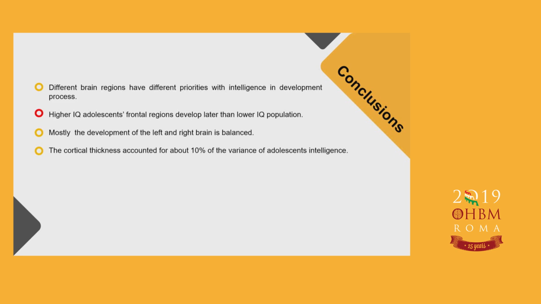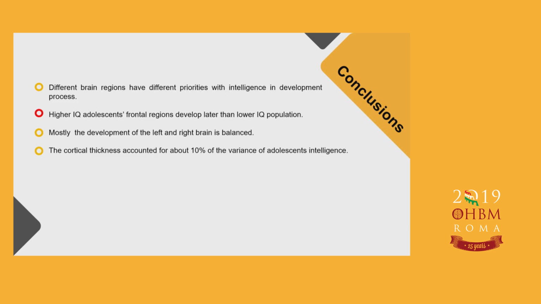The mean model results are almost the same as the generalized linear model: different brain regions have different priorities with intelligence in the development process, and in higher IQ adolescents the frontal region develops later than in the lower IQ population. Mostly, the development of the left and right brain is balanced. The cortical thickness accounted for about 10% of the variance of the adolescents' intelligence.